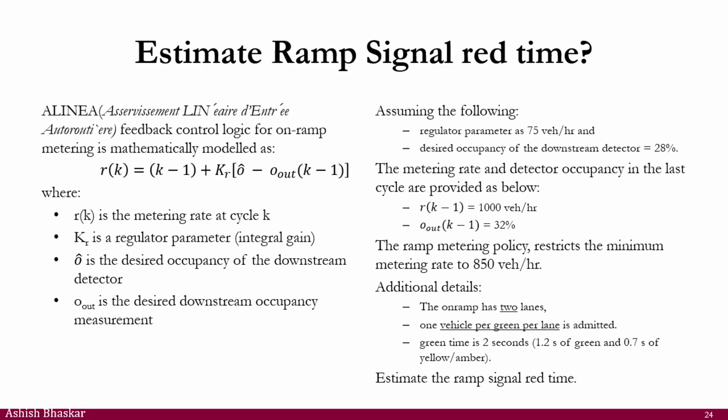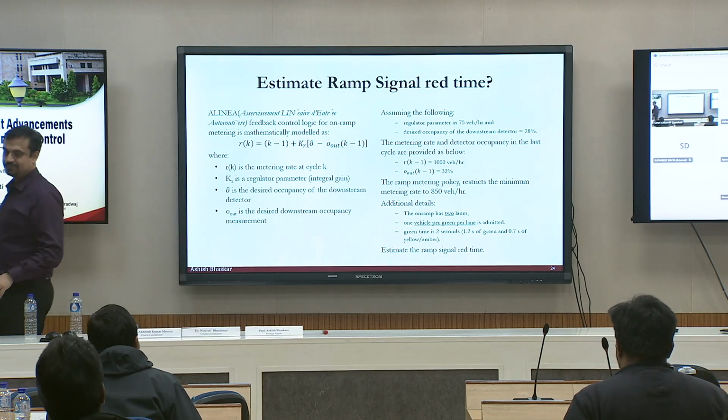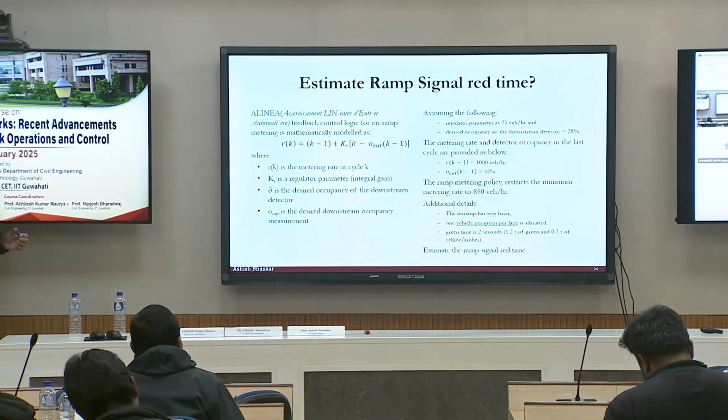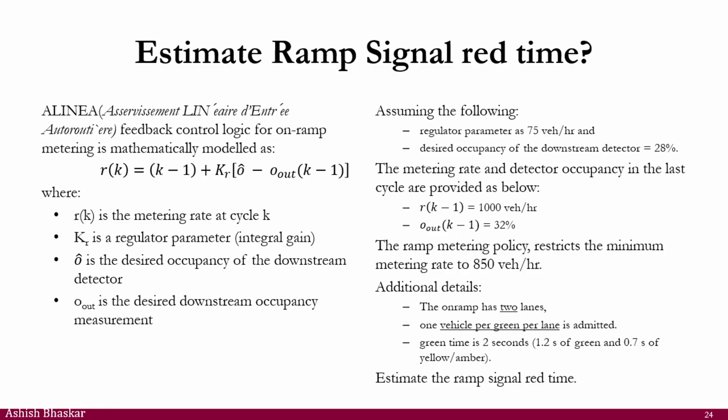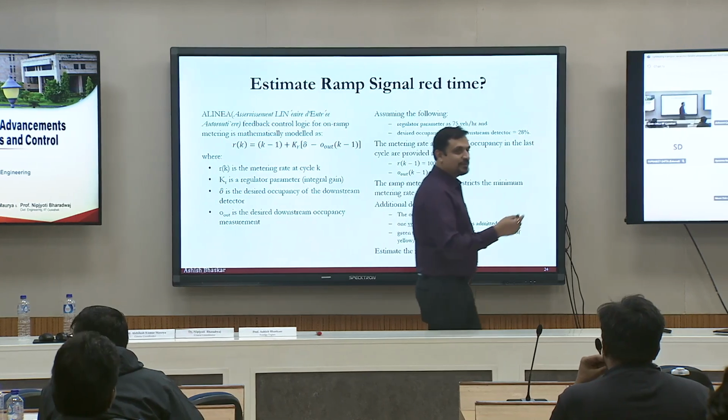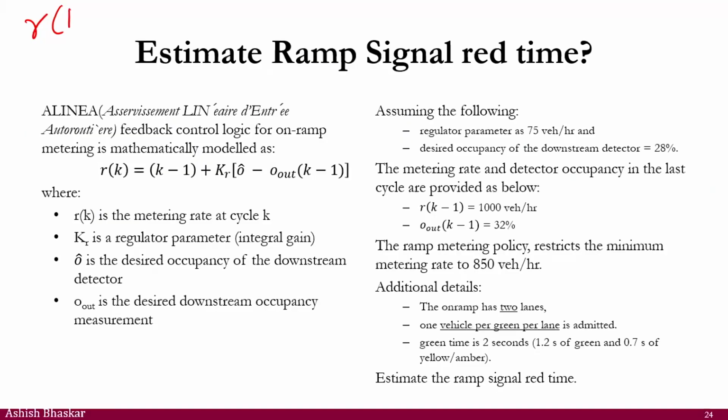This, yeah, 75. I have to use 850. So what you're saying in this particular case is that the K_R you're going to use should be the maximum of whatever you get from here and 850.